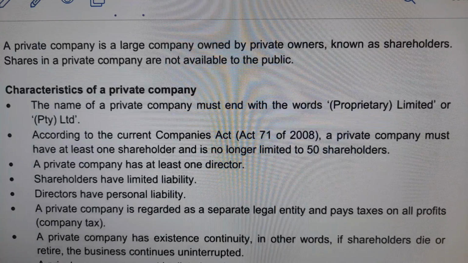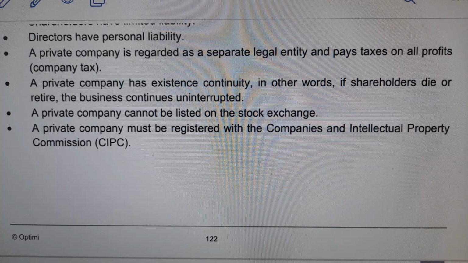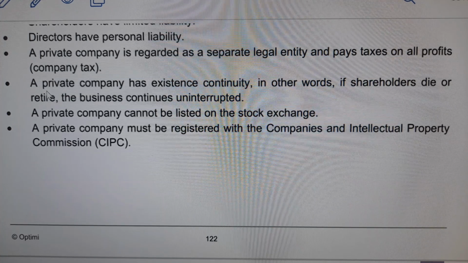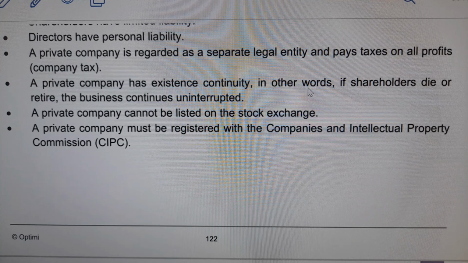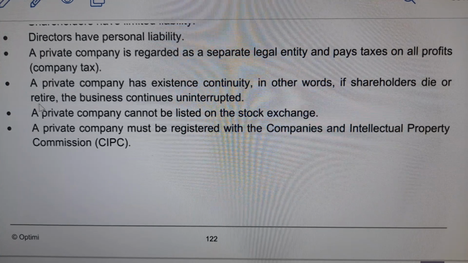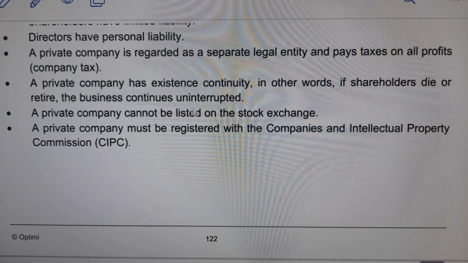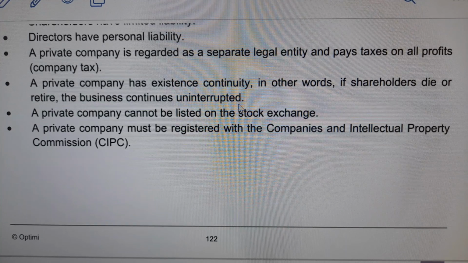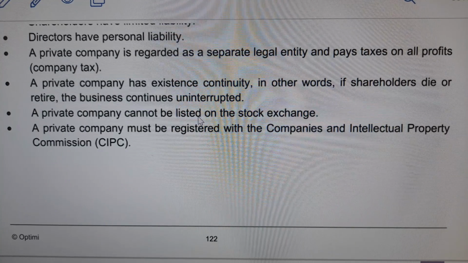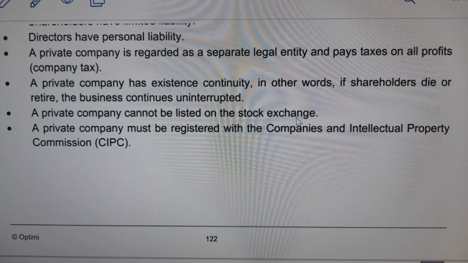This is page 122 of your textbook. A private company has existence continuity. In other words, if a shareholder dies or retires, the business continues uninterrupted. A private company cannot be listed on the stock exchange.